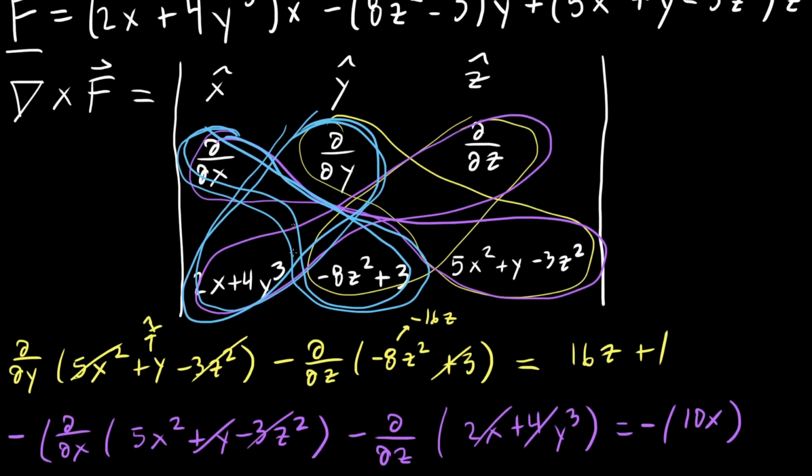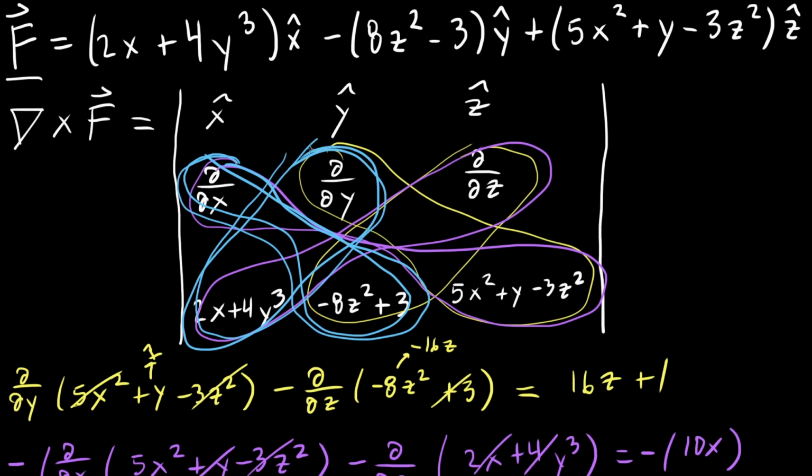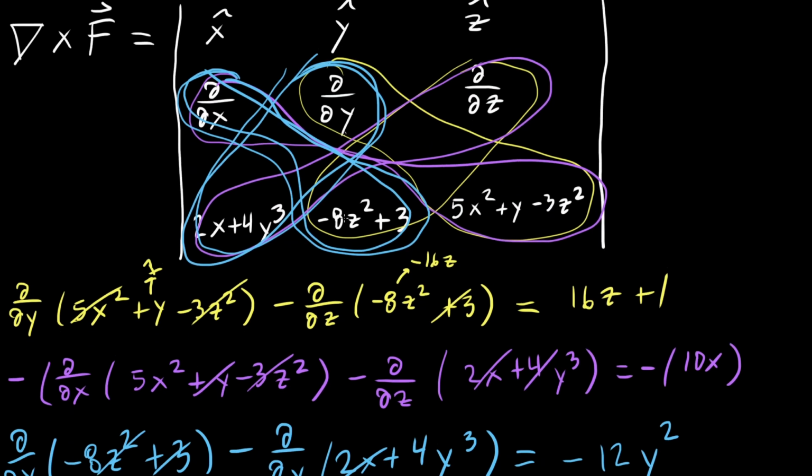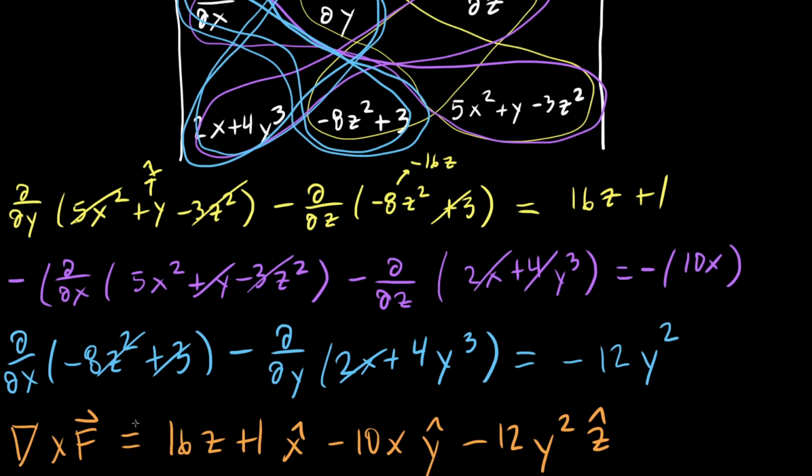So pretty much when computing the curl, it will just be the cross product with the first row as the unit vectors in each one of the base coordinates. And then after it's all set up, just take the cross product as normal, and you'll end up with the final solution. I hope this video helps.